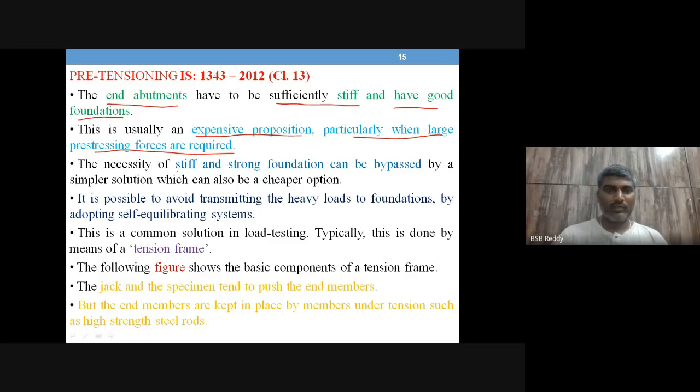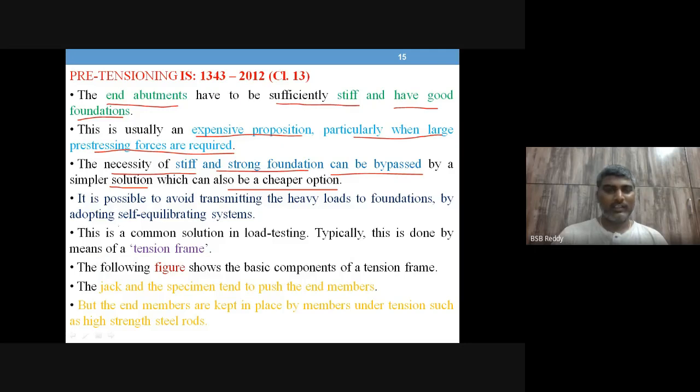The necessity of stiff and strong abutments can be bypassed by a solution which can be cheaper also. What is that?